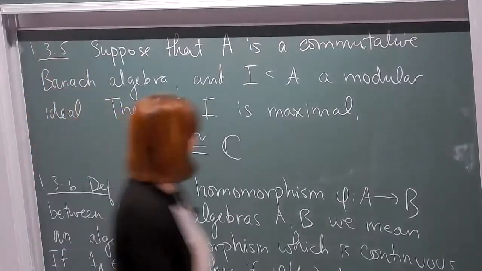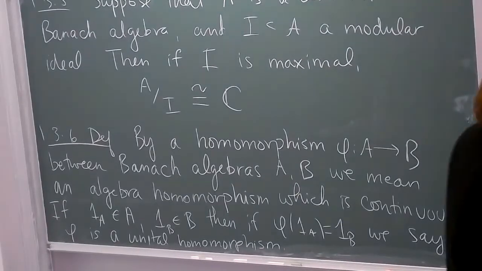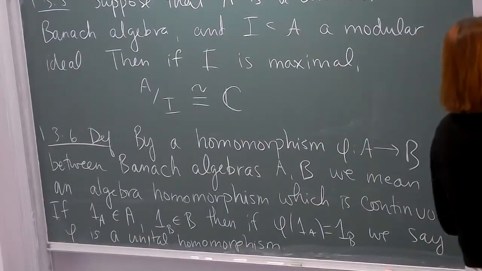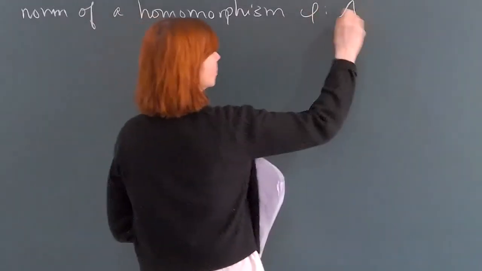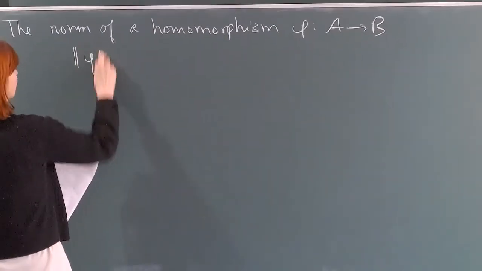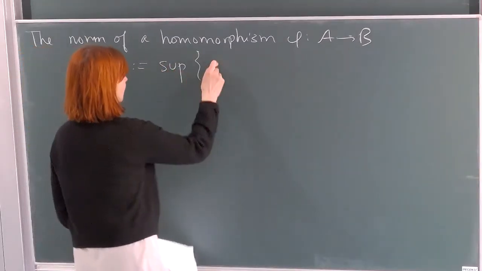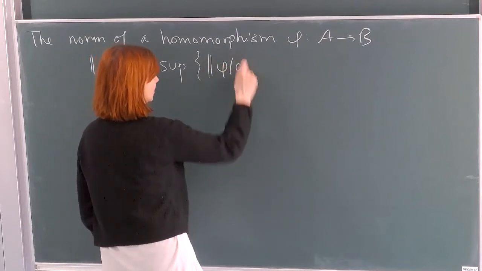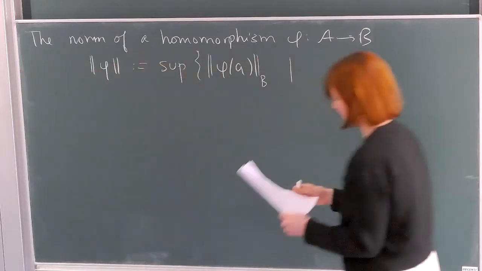And if we have a homomorphism, we can also talk about its norm. And that is the sup of the norm in B of phi(a), where a has norm at most 1.